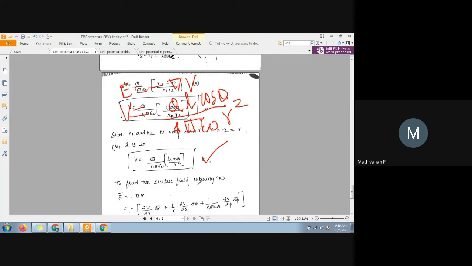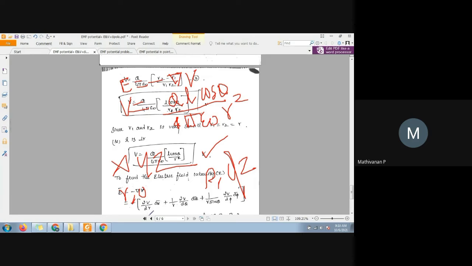Cylindrical is rho, phi, z, and Cartesian is x, y, z. Here we got theta, so it is spherical: R, phi, and theta. We have to look at the equation very carefully. Here we have to use the spherical coordinate system, not cylindrical. Now you know all those things.